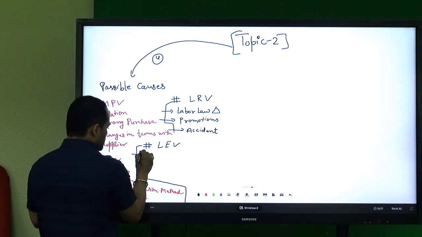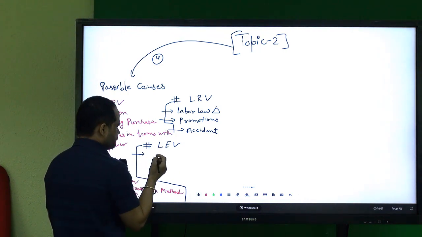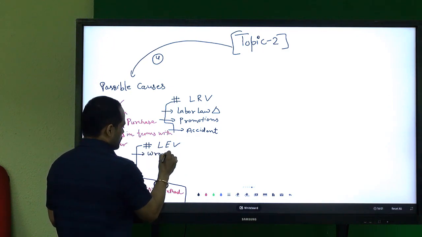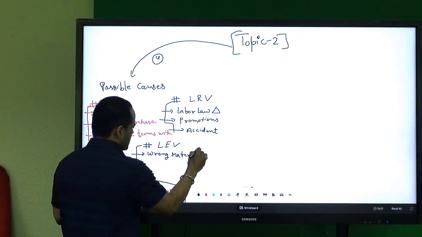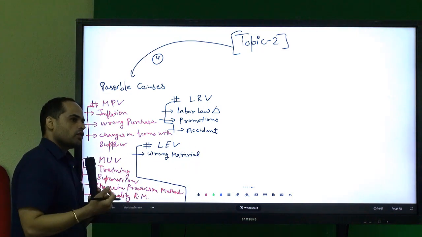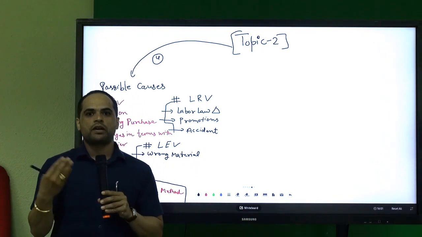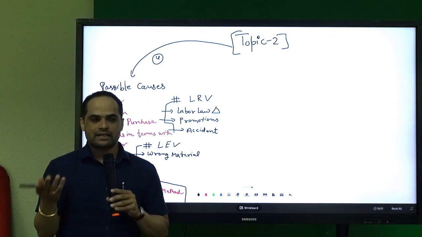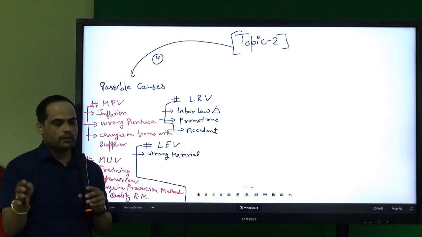So the first reason is raw material. If we purchase poor raw material, workers have to spend more time on that particular product in order to improve the quality of the product. As a result, worker efficiency will be lower.